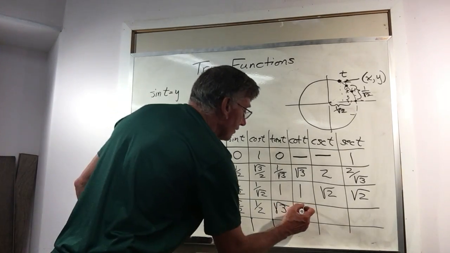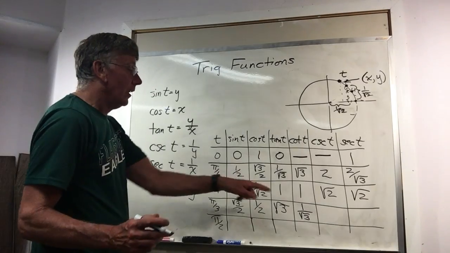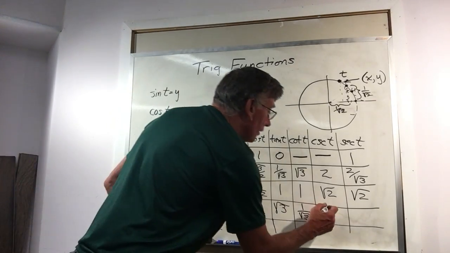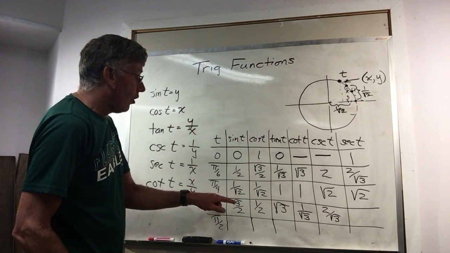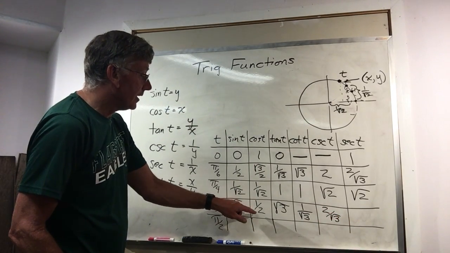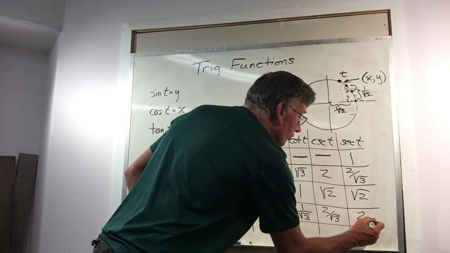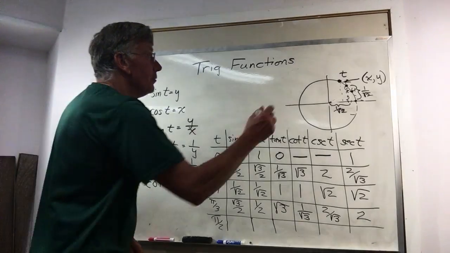The cotangent is going to be the flip of that, 1 over the square root of 3. The cosecant is going to be 1 over the sine, which is 2 over the square root of 3. And the secant is going to be the flip of the cosine, which is going to be 2, 2 over 1.